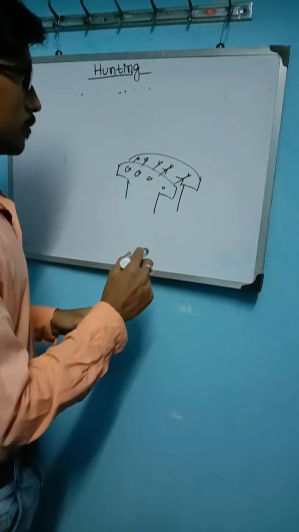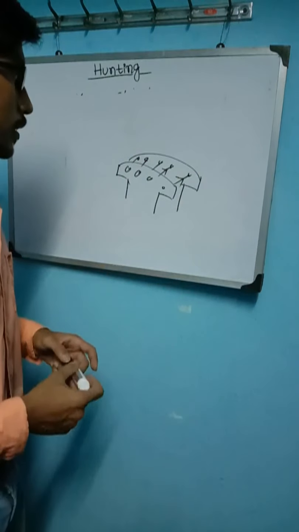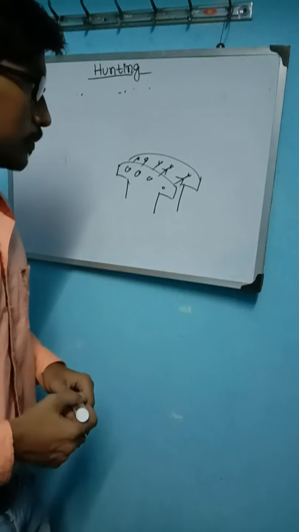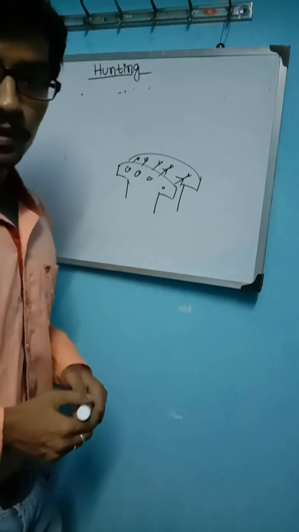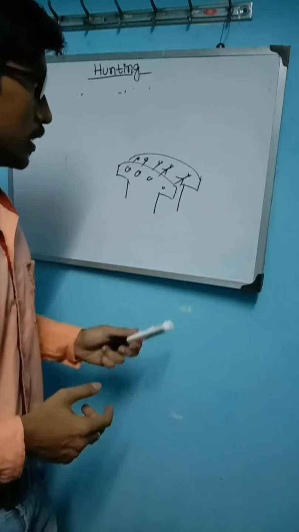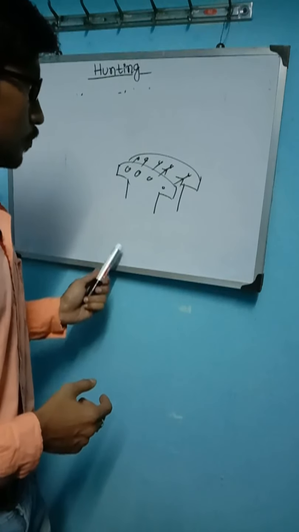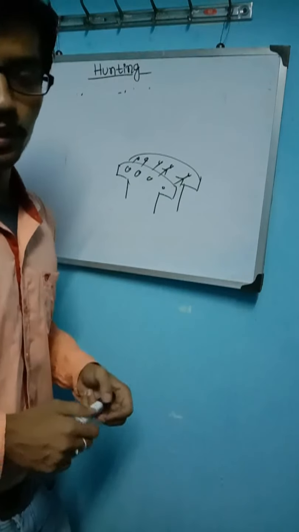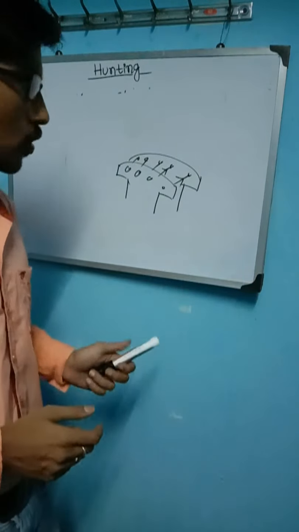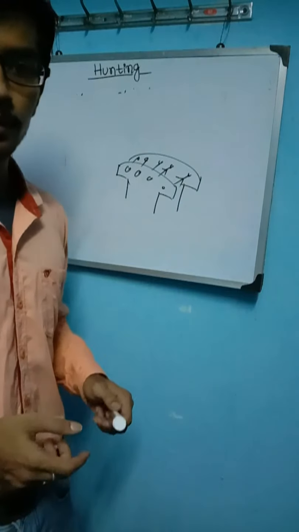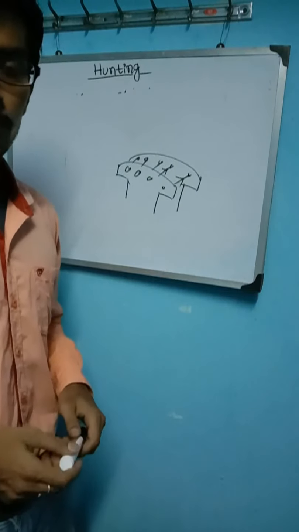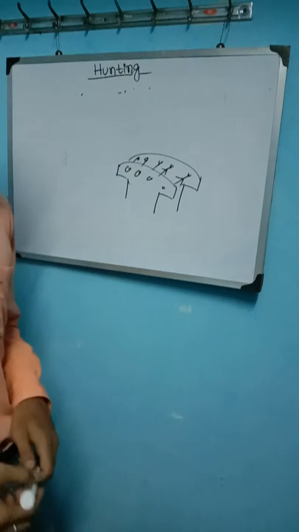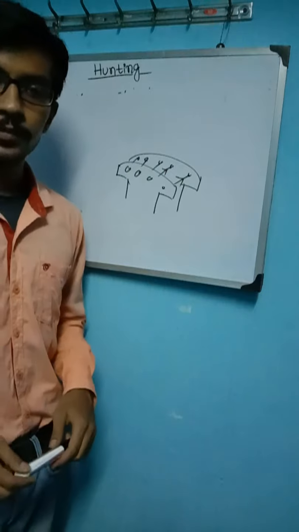And because the current carrying conductor is placed in the magnetic flux, torque will be induced, and as the torque is induced, it pushes the rotor into the same position so that it is locked with the stator, and it again comes to the equilibrium position. This is the way we can minimize hunting. So I hope you understand. Thank you.